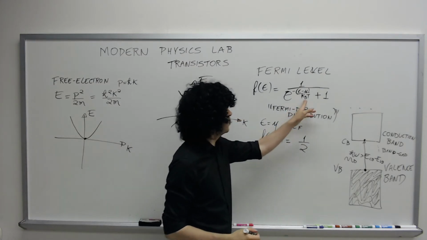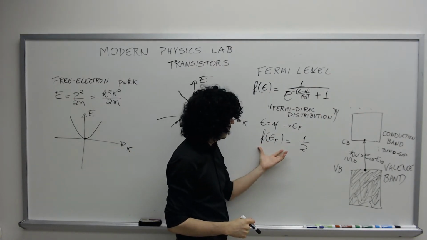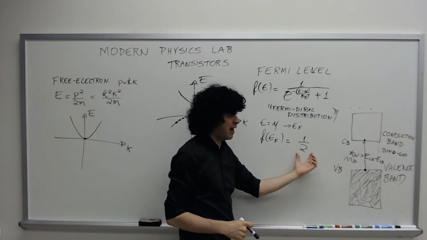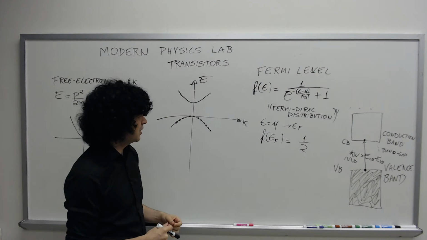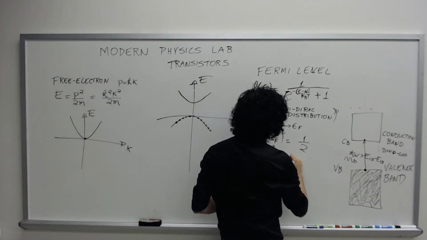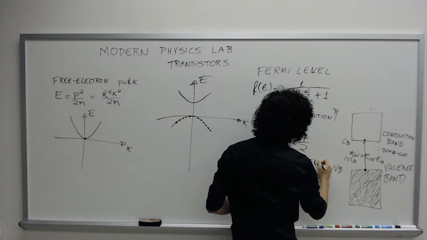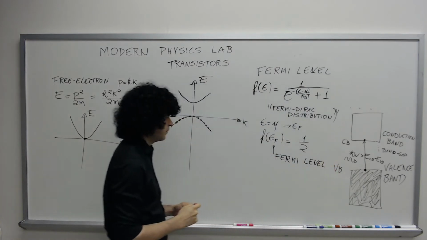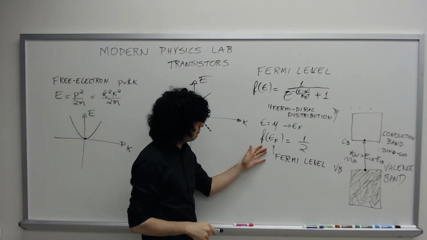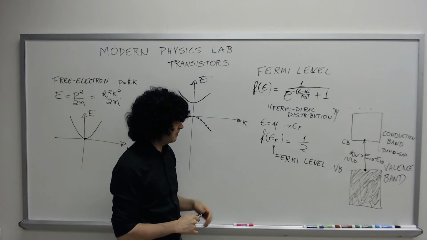Kb, as you know, is the Boltzmann constant, but the probability of finding an electron whose energy is EF is 1/2. And this is called the Fermi level. So the probability of finding an electron at the Fermi level is 50%.